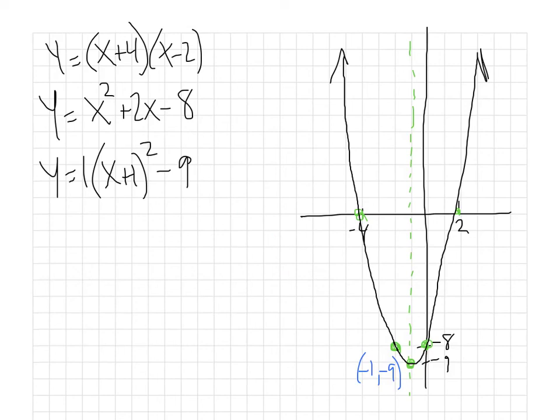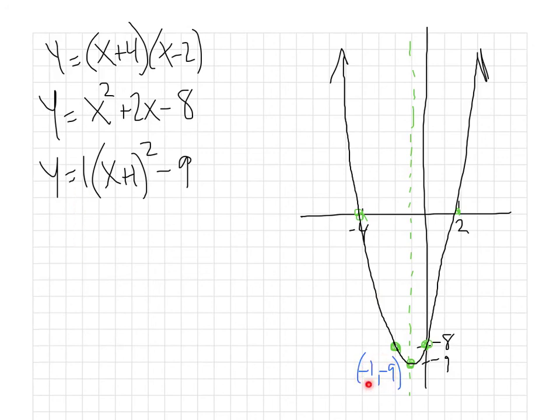So that's pretty cool. We now have 3 forms. We can go from vertex form into general form, and from general form into factored form. We're going to get a quick way next of going from general form into vertex form without doing the whole parabola thing.